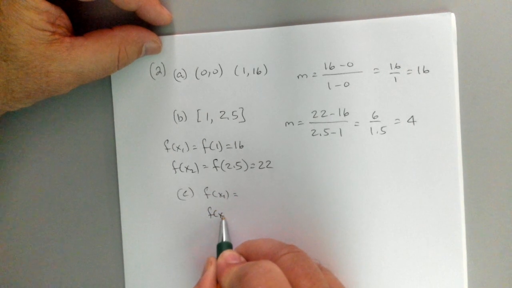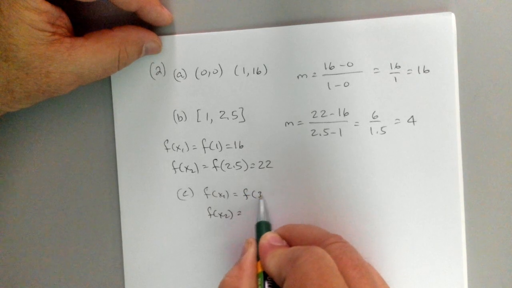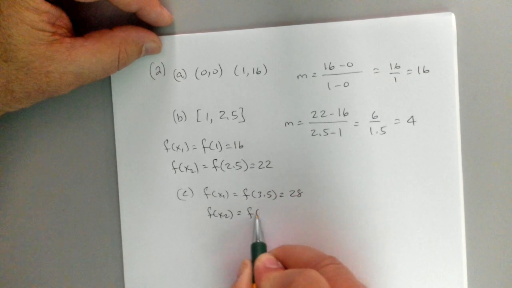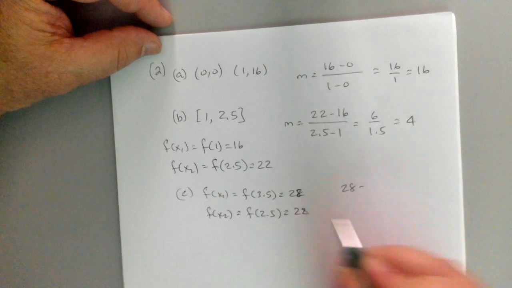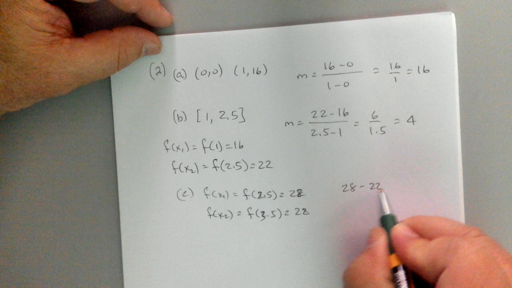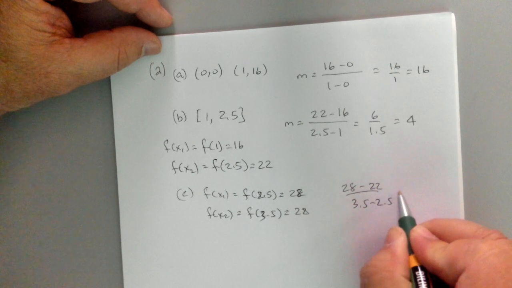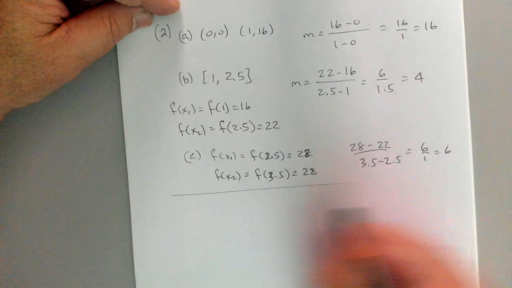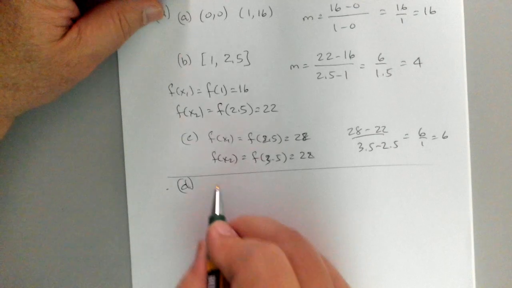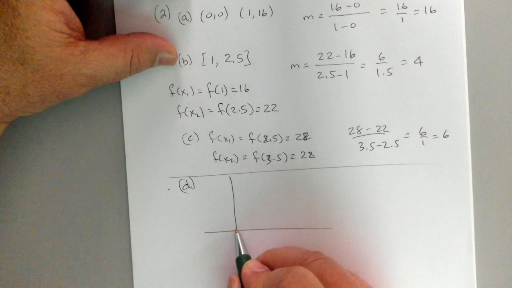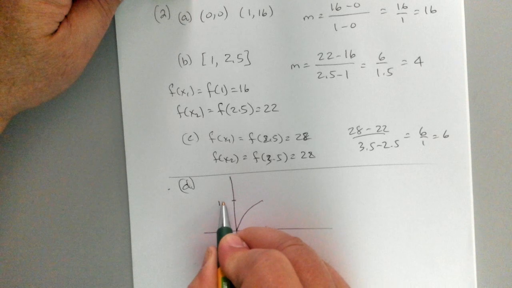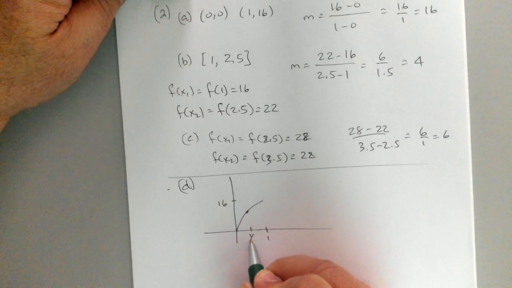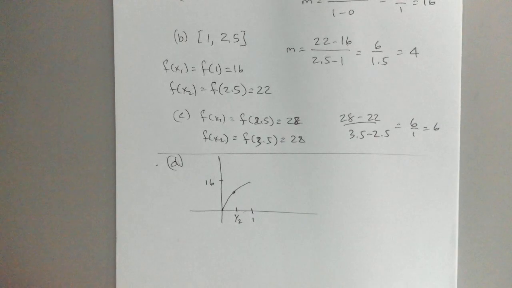First, that's 22, that's 28. So our graph, to find the instantaneous rate of change, we have to find 2 rates of change.